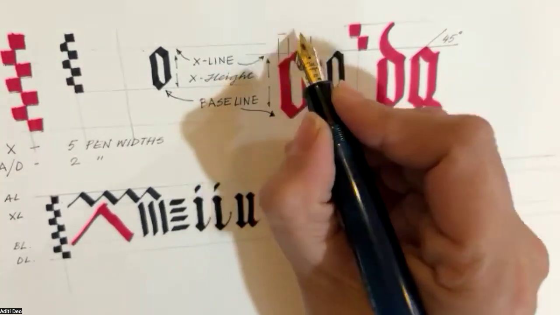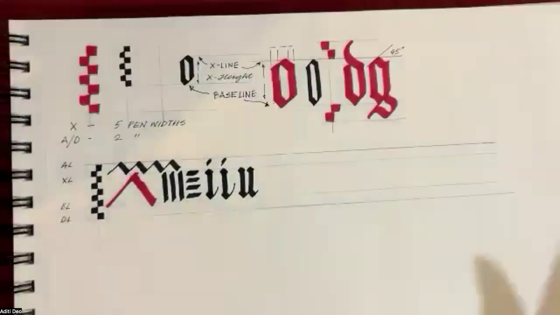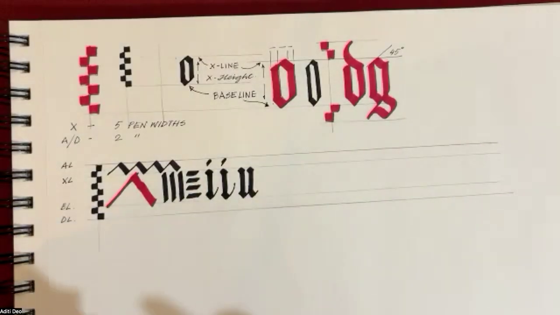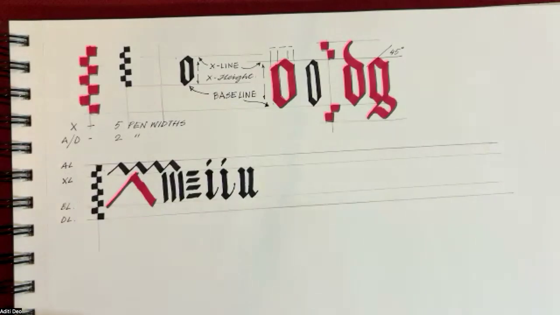All these are equal. And that's the practice that we need to do. So they can't become too wide, they can't become too narrow.